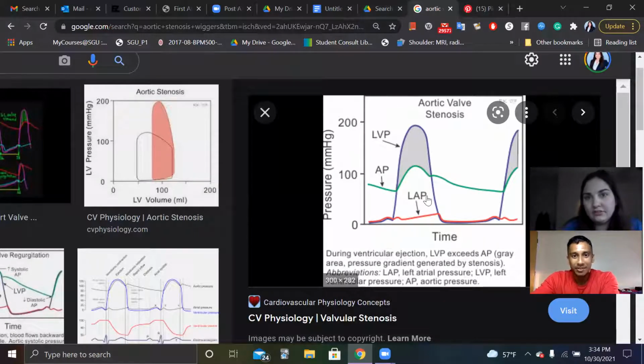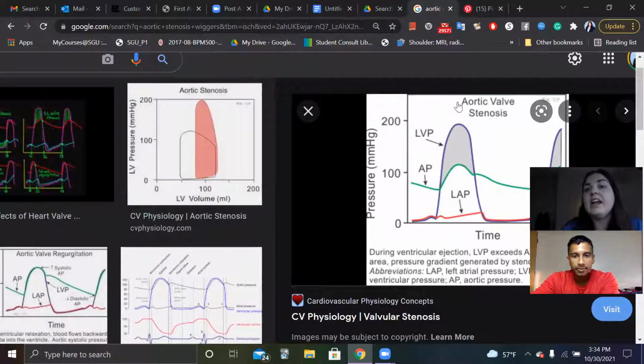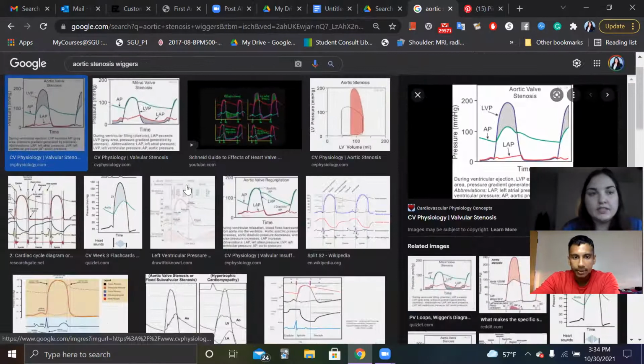Once again, our afterload, our pressure is high with aortic stenosis because this is really the same graph as this one. You can see they're shaped the same. They're just looking at slightly different things. The normal is not going to have you way up here. So you can see that similarity.